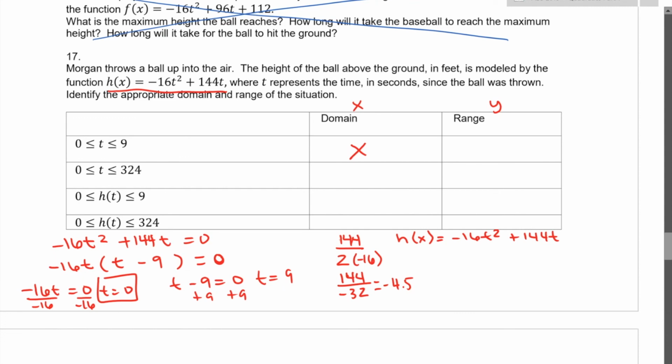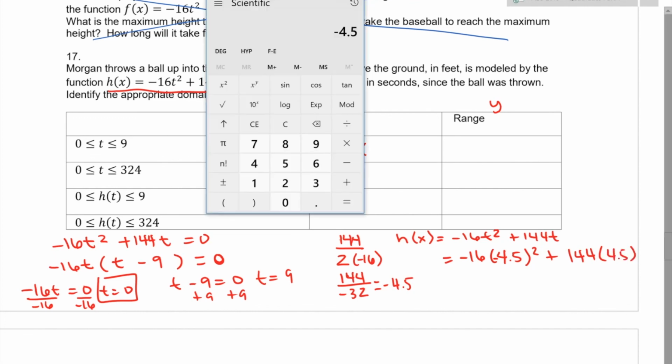So I'm going to input that in for my t value, and I should get my answer. So negative 16 times negative 4.5 squared plus 144 times 4.5. Okay, so 4.5 squared is 20.25.